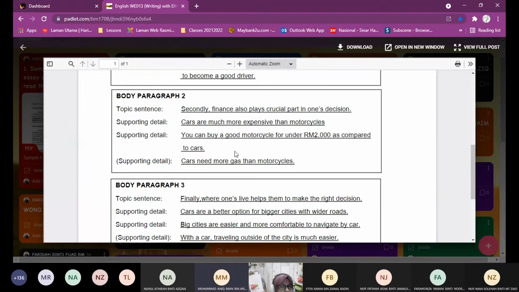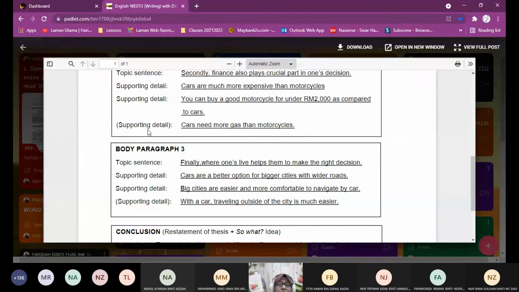Are you sure? 7 to 11. 7 and above. But still, I think the price is lower than a car, right? Second hand is lower. Okay, no problem. Then you can mention in the paragraph that even with below 3,000 or 2,000, you can get a very good second-hand motorcycle.